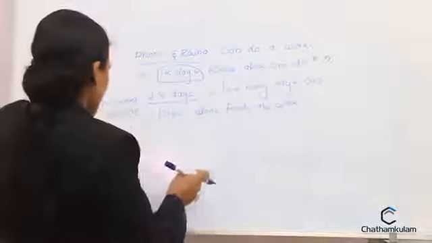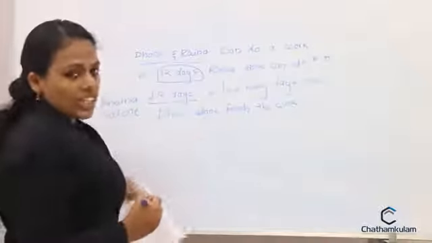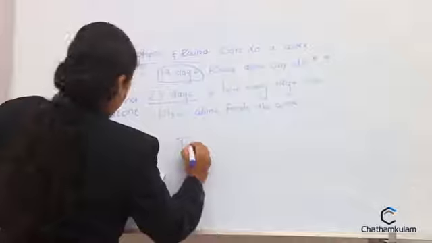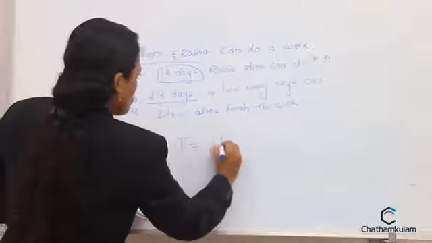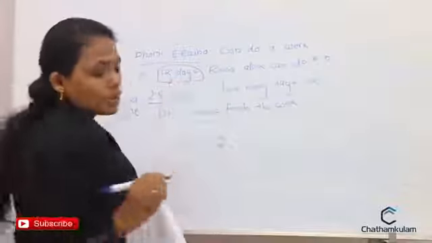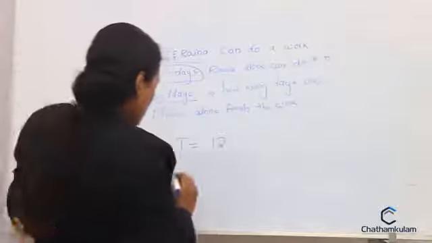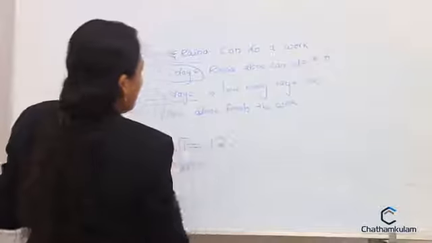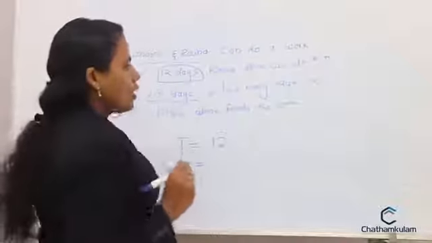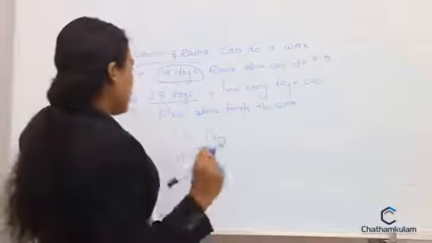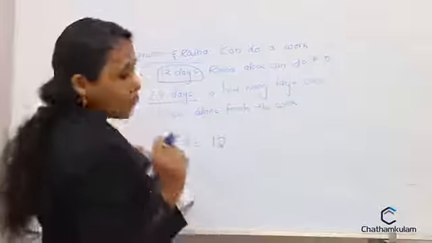So here we need to put it in the equation. Total time is 12 days. They both took 12 days to complete the work, so T is 12 days. And N, how many days total? Reina can finish the work in 28 days.